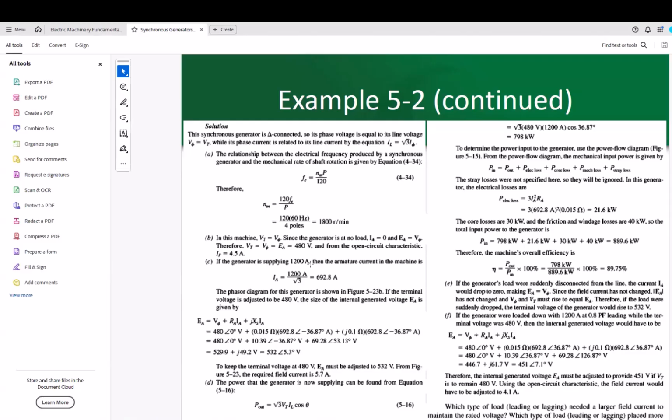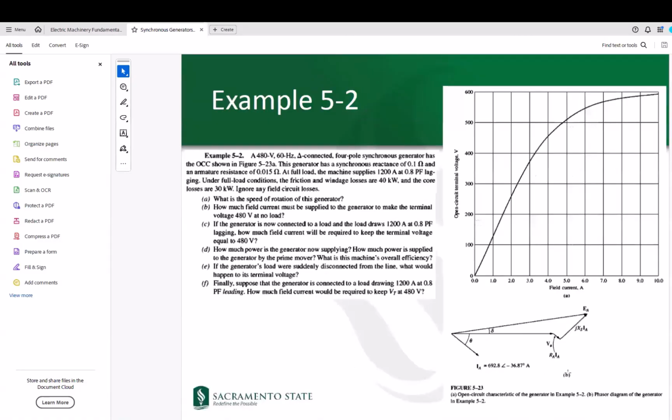Since the machine is delta connected, you have to divide 1200 by square root of 3 to find the armature current. So the armature current would be 692.8. The phasor diagram has been shown in figure 5-23b.